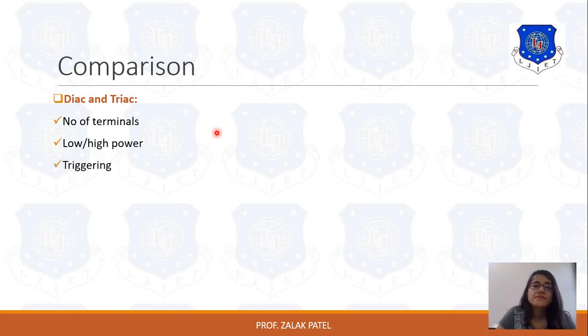Triggering of DIAC is not possible, it cannot be triggered, while TRIAC is triggered by the DIAC. Control terminal is absent in case of DIAC, as we discussed in the construction of DIAC, that it does not have a gate control. This is the biggest limitation of DIAC, and TRIAC has a gate control.